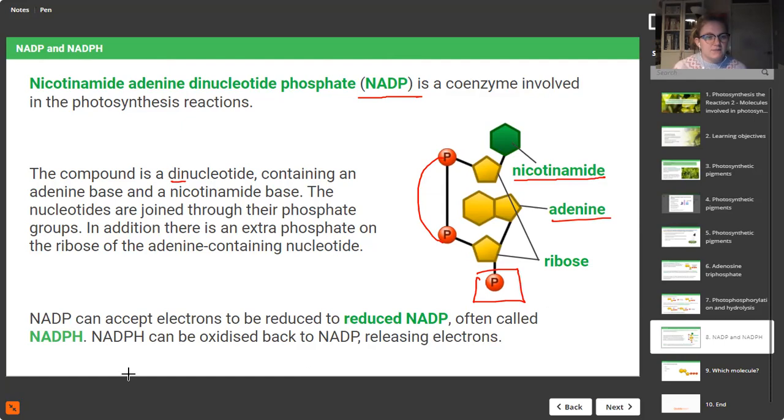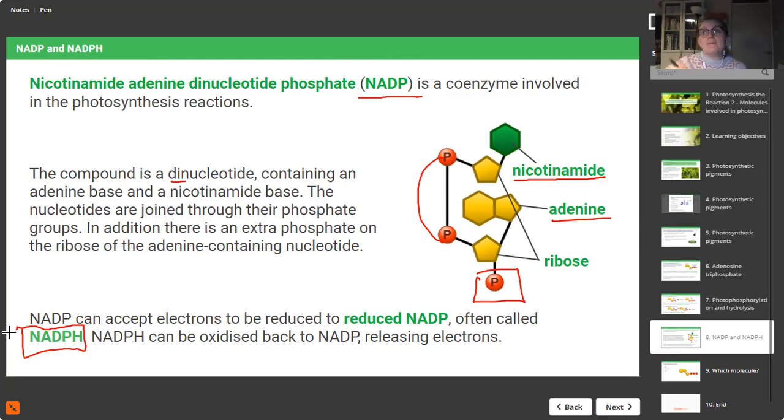Rather than writing reduced NADP, you'll often see this written NADPH, and that means reduced NADP. It's H because these electrons, if you think about the electronic configuration, work out the same as hydrogen. So we use the H for hydrogen to show that it's accepted some extra electrons.